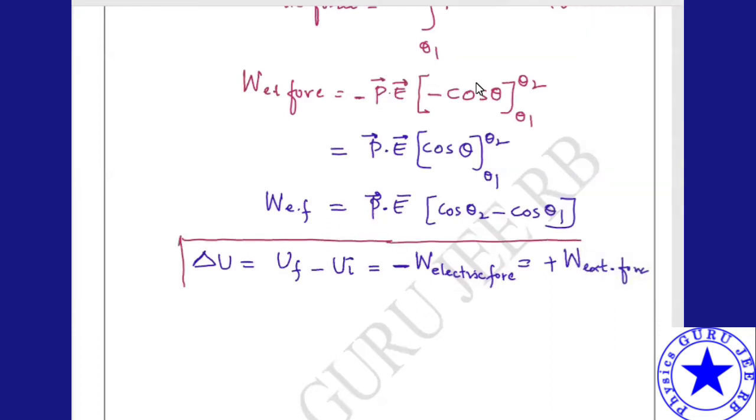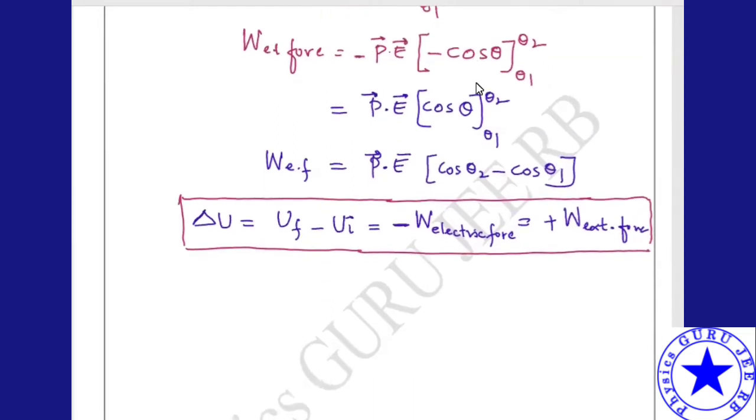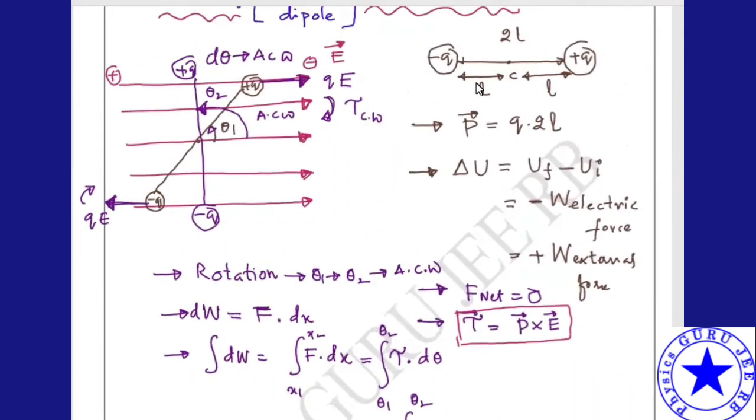So this is the change in potential energy. What I got is the work done by the electric force. Now I want the change in potential energy. How to write change in potential energy? Final minus initial. What is final? It is rotated through an angle of how much? Theta 2.